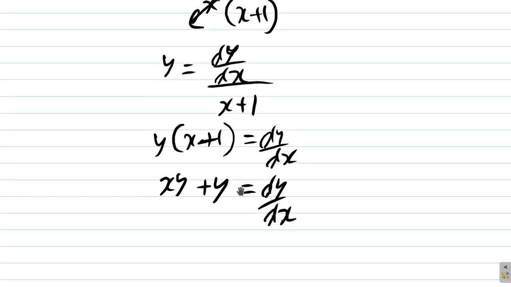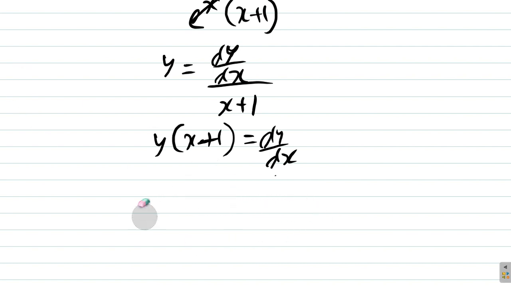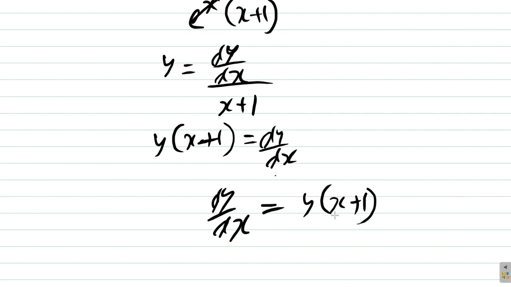So dy by dx in this case, let's not open the bracket just yet, would be equal to y times x plus 1. All right.